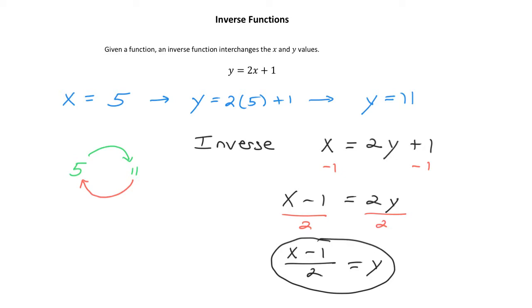One last thing I'll check is my original equation, this one, took 5 to 11. My inverse equation should take this 11 back to 5. So I just want to check to see if that's true. So I'll take my formula, which is the inverse, and I'm going to put 11 in place of this x.